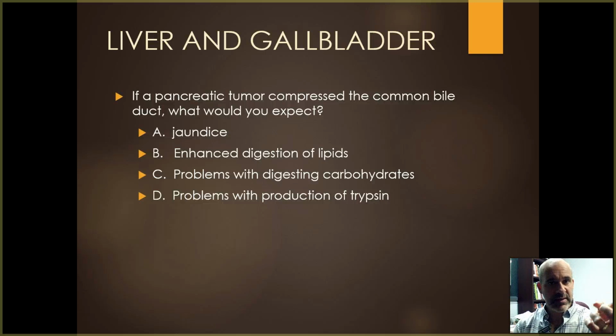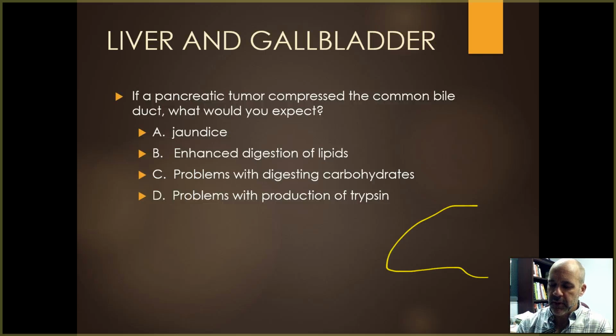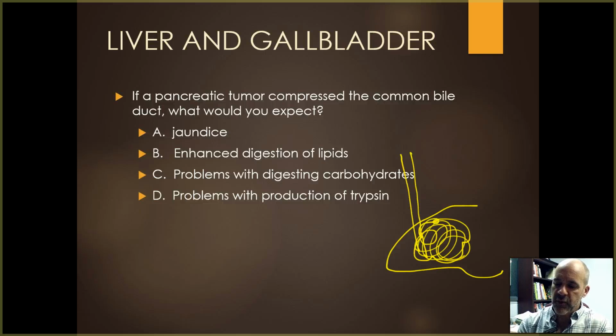So you're over here on the side of the liver, here's your common bile duct coming down, you get a tumor growing here, and it squeezes the common bile duct. The common bile duct connects to the cystic duct. There's your gallbladder, and then it goes on up here into the liver.